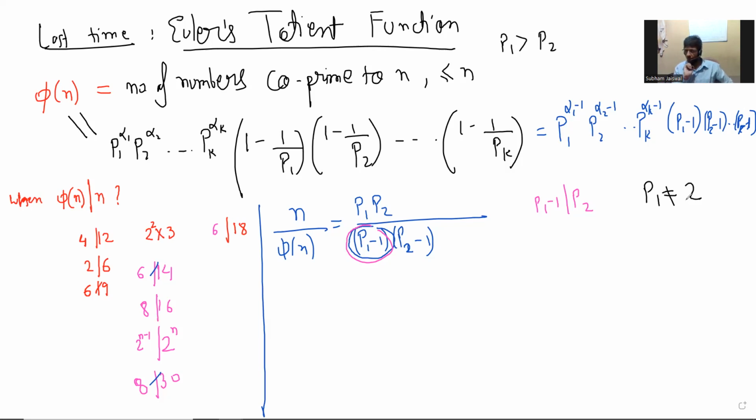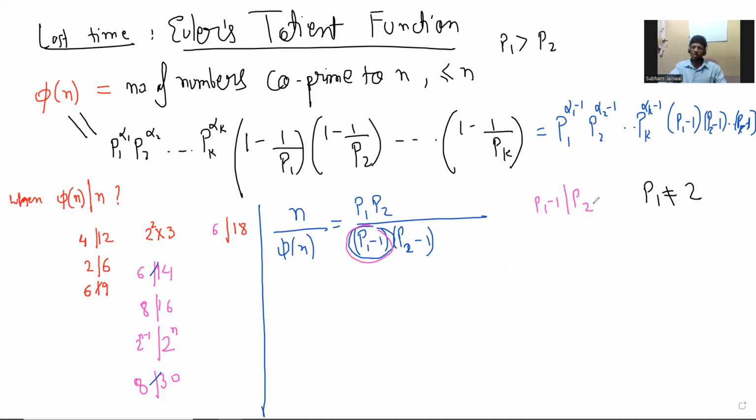Then what does it mean? It means that this p1 minus 1 has to divide p2. But p1 minus 1 has 2 as a factor. p1 minus 1 is even, right? Yes, exactly.